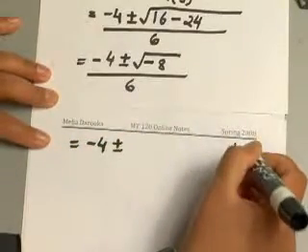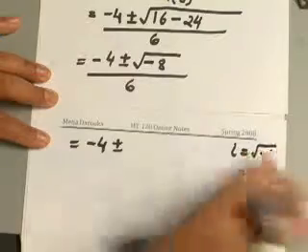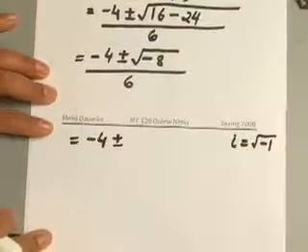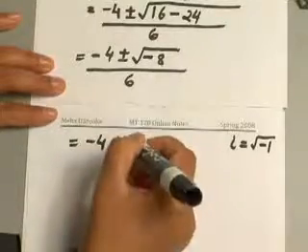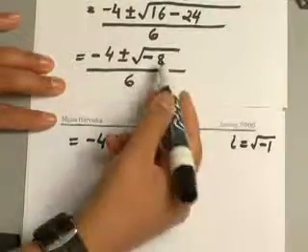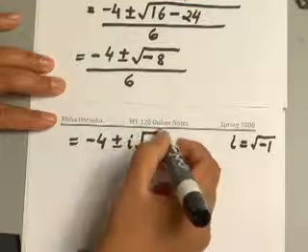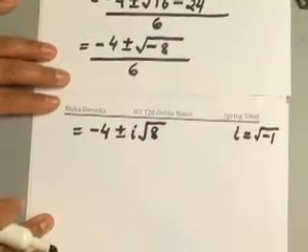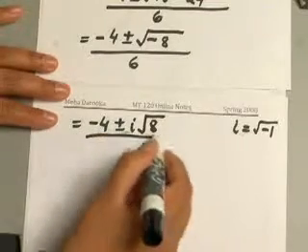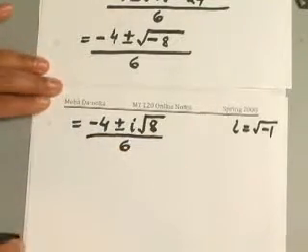Again, remember i equals square root of negative 1. So square root of negative 8 will become i, which is square root of negative 1. So we take the negative outside, and you're left with just a positive 8 now inside your radical. And don't forget to divide the whole thing by 6.